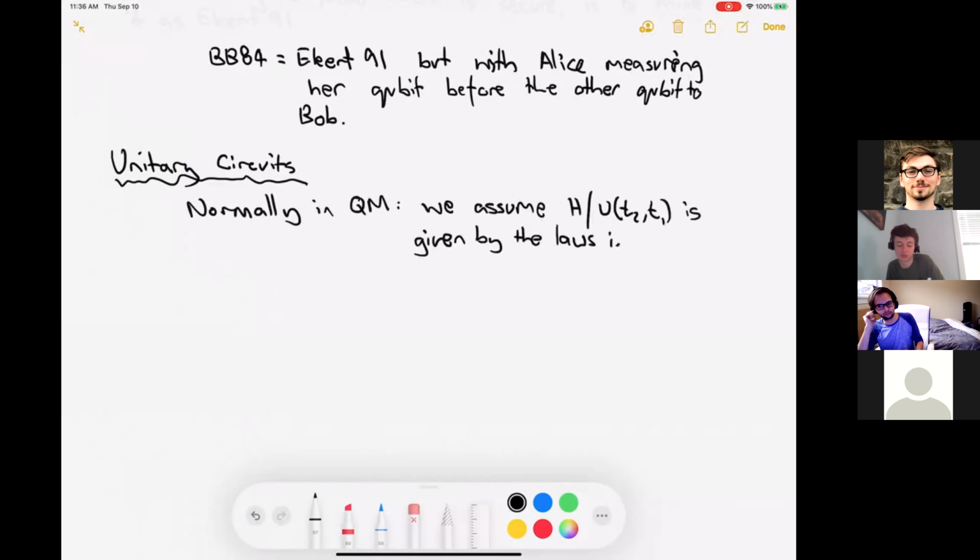That's some input that we don't get to control. We just deal with it, and we learn what it is because we're clever physicists for some particular system, and then we use that to make predictions.